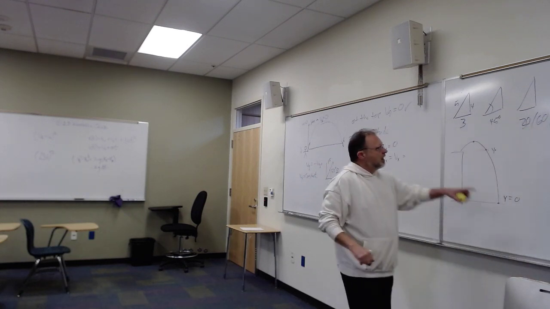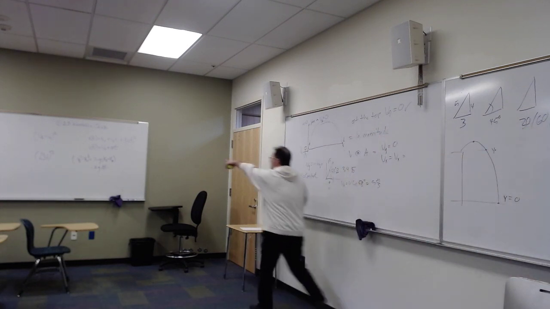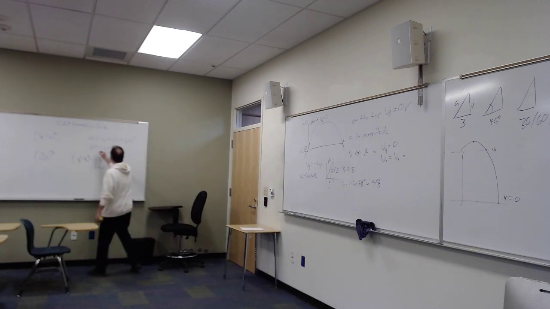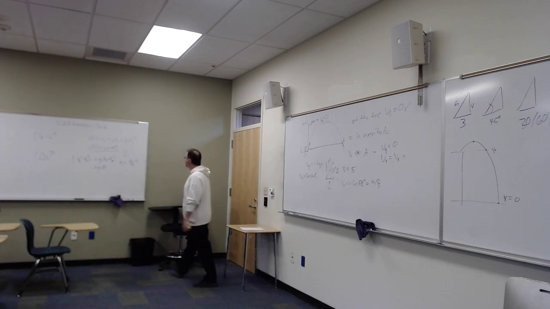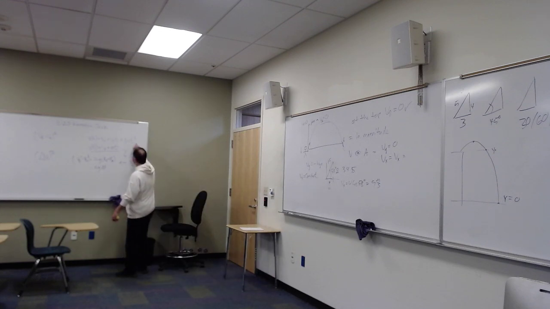Okay. This one actually comes from these two. We take this one, solve for t. T is equal to v final minus v naught all over a. Okay. We plug this into here.